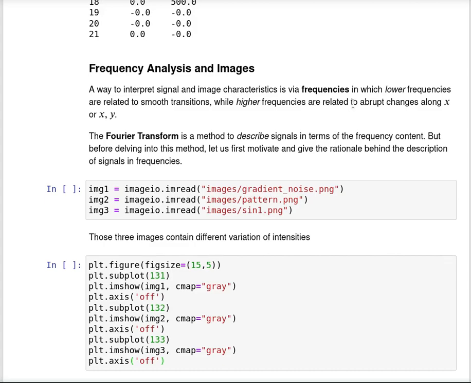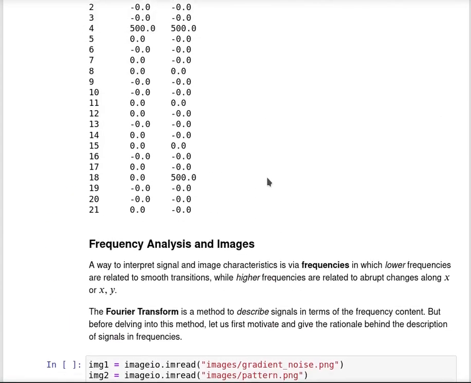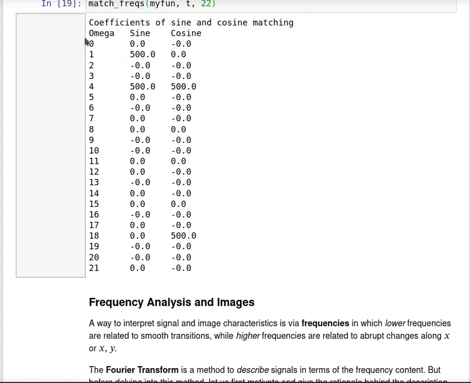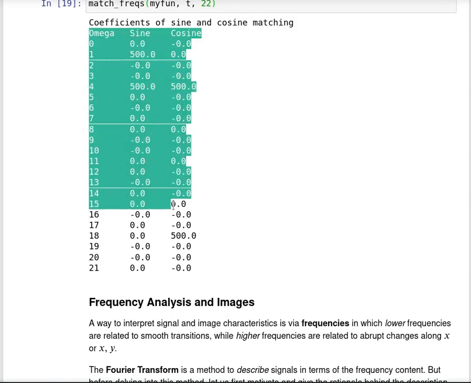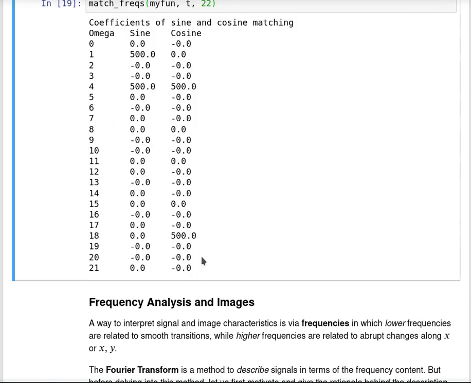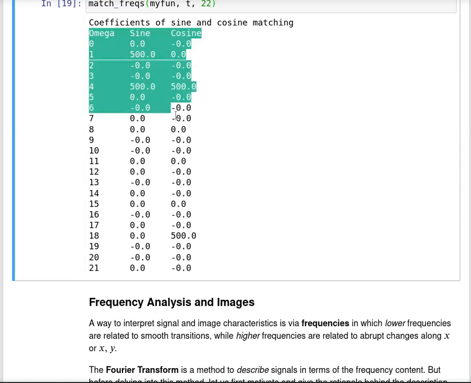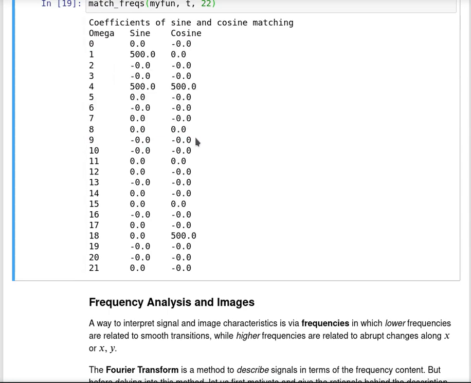So I can study something like this by interpreting it as follows: if I have lots of frequencies in the low part, or very low values of frequencies, that means that the image has a more smooth characteristic.